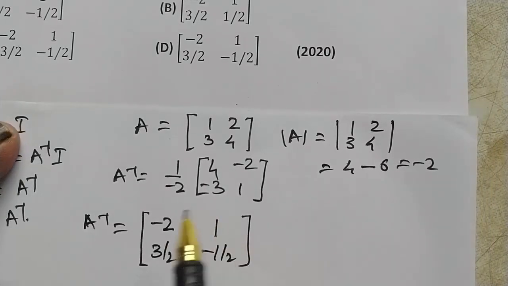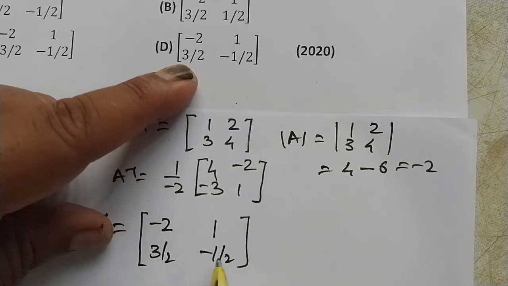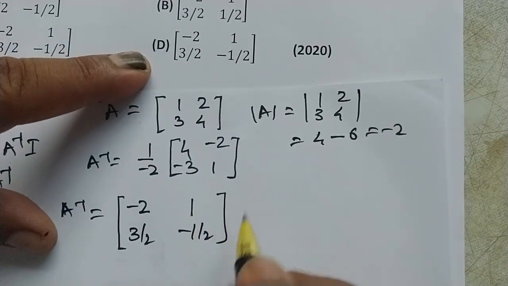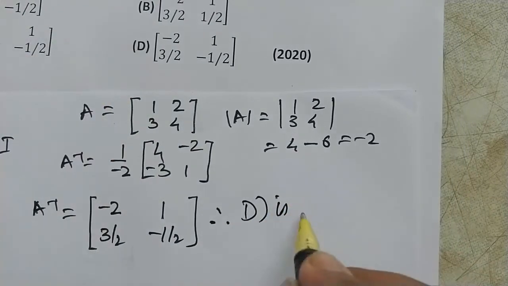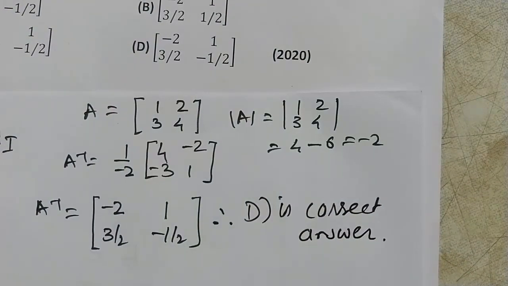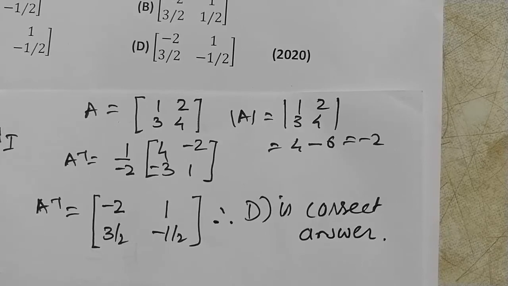So in the options, [-2 1; 3/2 -1/2], option D is correct. Therefore, option D is the correct answer. In this way, we have solved, and I have given hints to the MCQs which were asked in previous years.